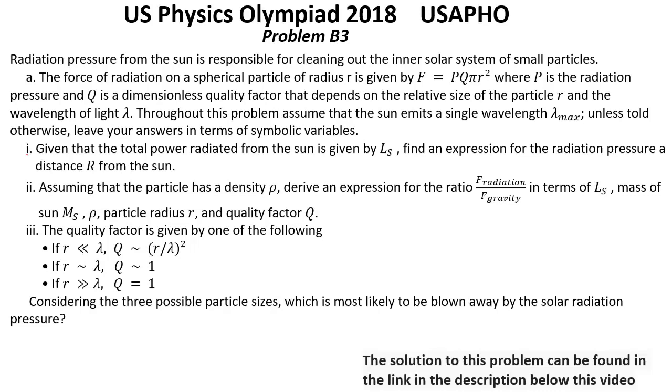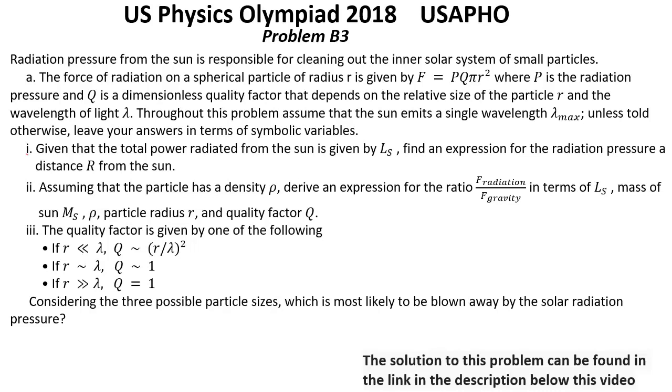Question A. The force of radiation on a spherical particle of radius small r is given by the formula F equals P Q pi r squared, where P is the radiation pressure and Q is a dimensionless quality factor that depends on the relative size of the particle r and the wavelength of light lambda.